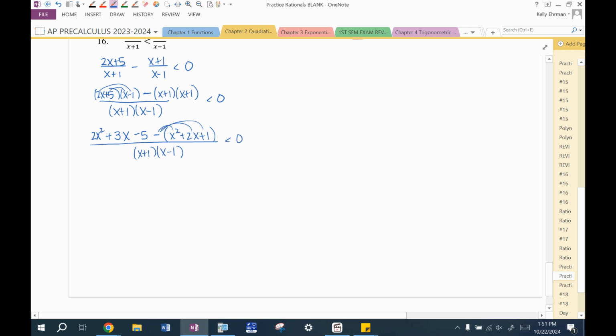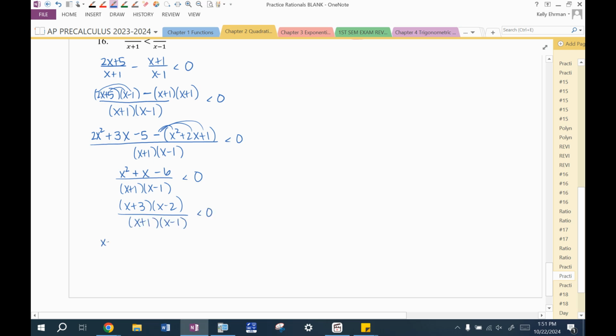So we have x squared minus 2x squared minus x squared is x squared. 3x minus 2x is plus x, -5 minus 1 is minus 6. So we've combined all of our like terms in the numerator, and that leaves us with something we can factor. This is x plus 3, x minus 2, over x plus 1, x minus 1.